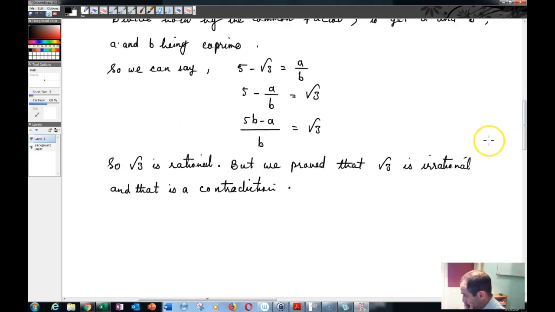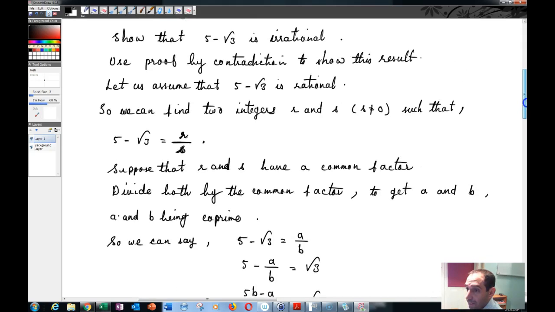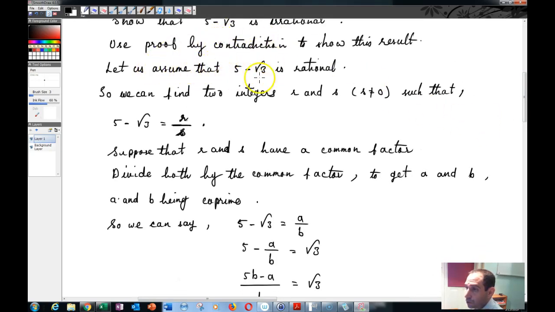And this contradiction arose because of the incorrect assumption that 5 minus square root of 3, here we assumed that 5 minus the square root of 3 is rational.